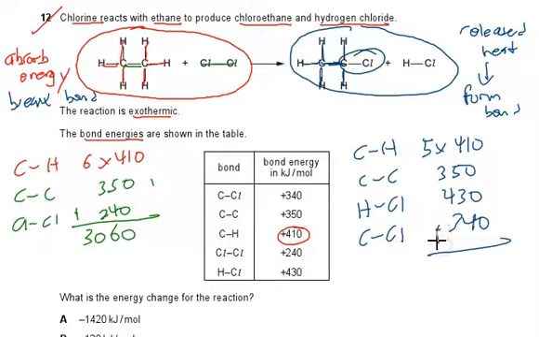So we add on both of these. So here we have about 3170. So this is basically a negative value because it is releasing the heat, and this is a positive energy because it is absorbing the heat.